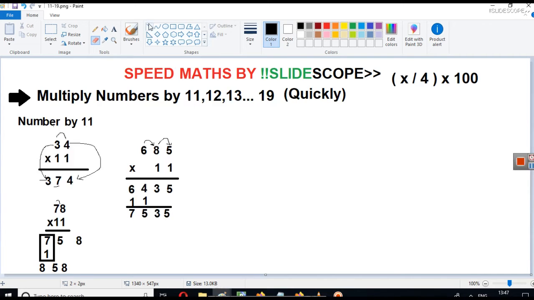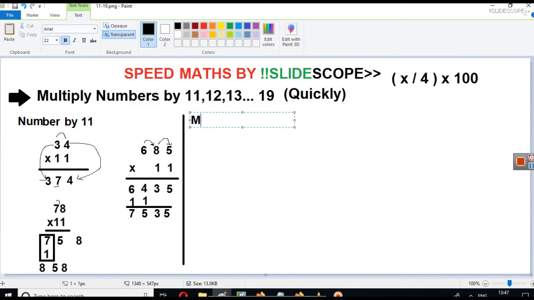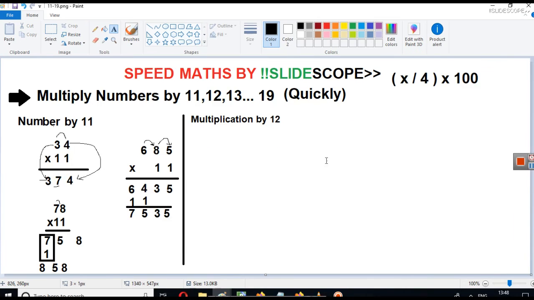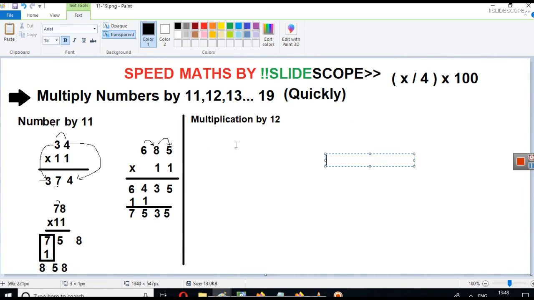Now in the next part I want to discuss multiplication of numbers by 12. The trick is really simple here also. First we will take a 2-digit number. Let's say our number is 34, which we did in the case of 11 also.